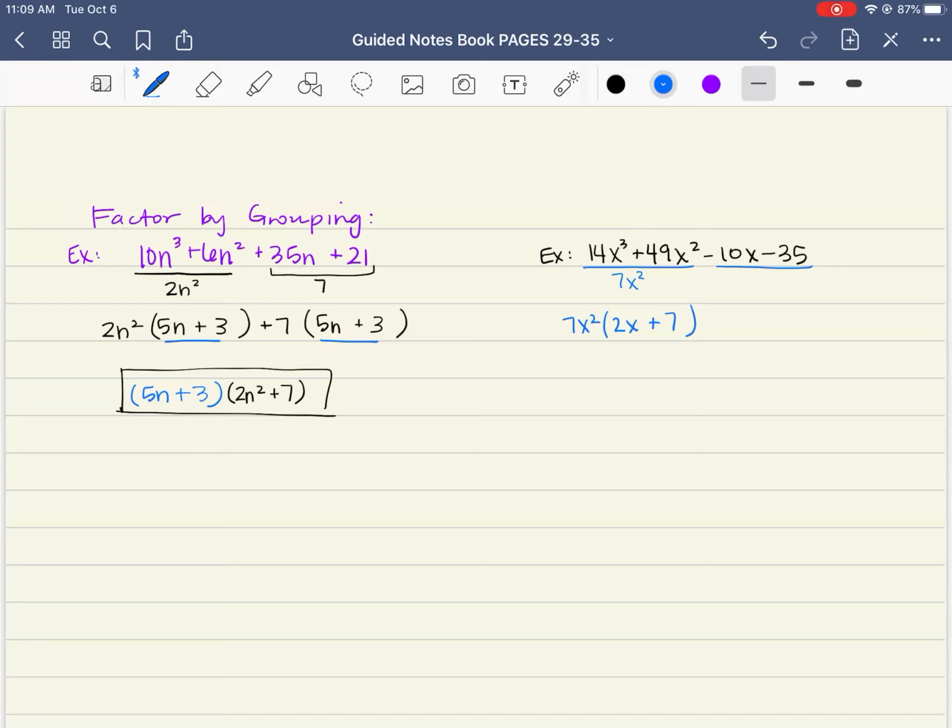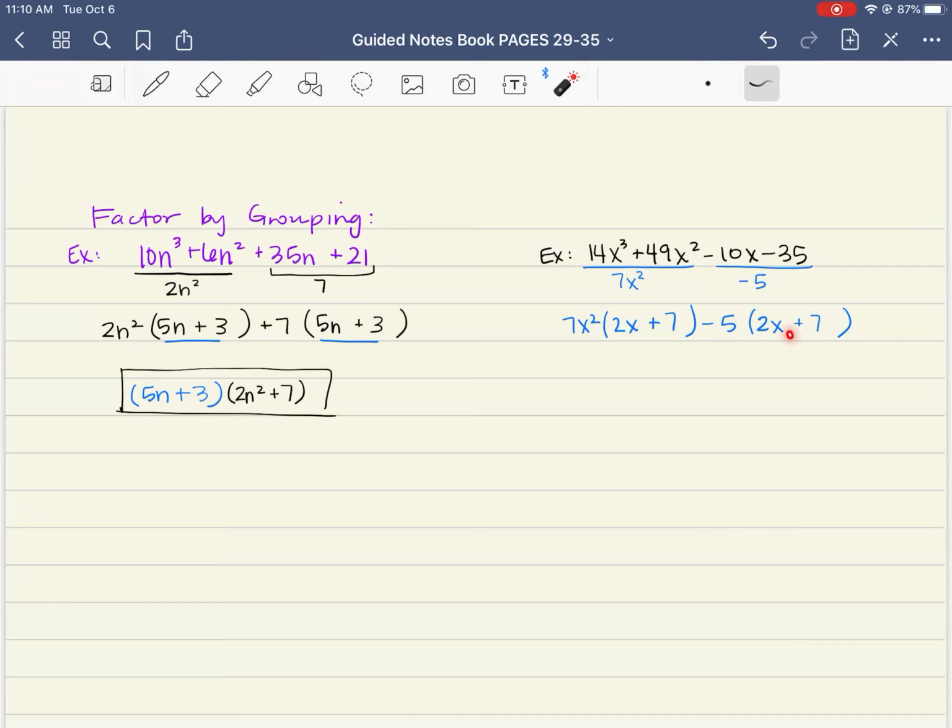And then notice here, if you look at this one, the 10 is negative. And so I'm going to pull out a negative common factor. Whatever I pull out, just pull out a negative with it. So these look like they're just divisible by 5. So if I pull out a negative 5, that leaves me with negative 10x divided by negative 5 is 2x. And negative 35 divided by negative 5 is a positive 7.